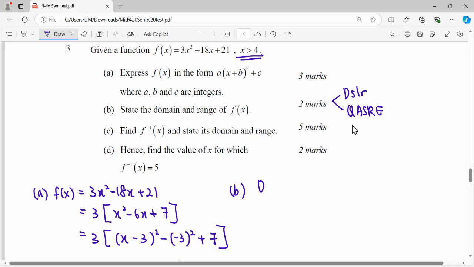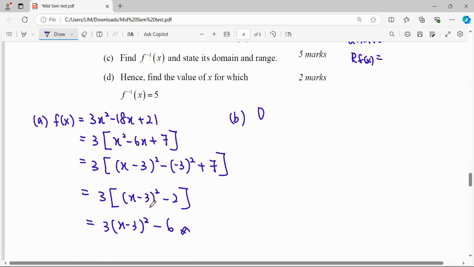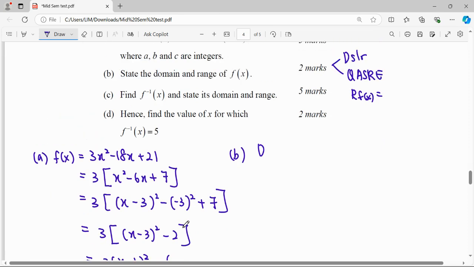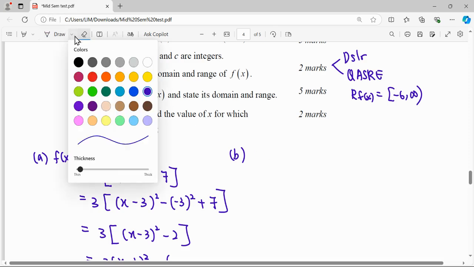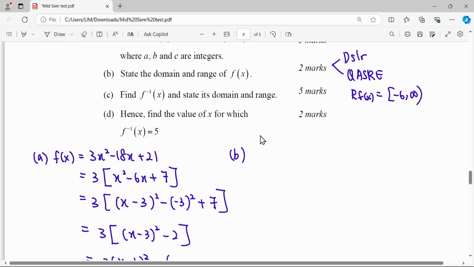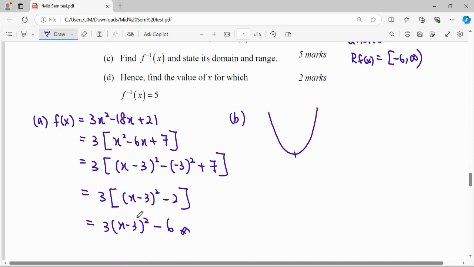So for range here, when we complete the square for this quadratic, we see negative 6. Negative 6 included to infinity. So from here, we know that our quadratic graph is going up, with the minimum point x equals to 3, y equals to negative 6.